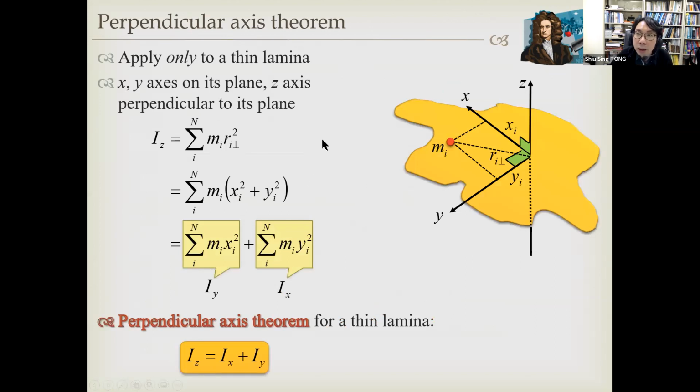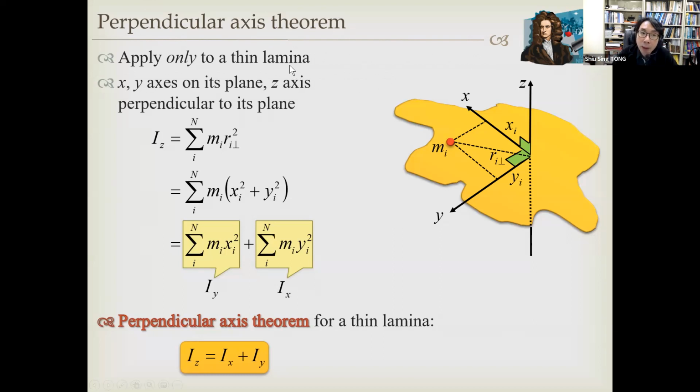Now we introduce another important theorem in moment of inertia, and that's called the perpendicular axis theorem. Now the perpendicular axis theorem does not apply to a three-dimensional object. It only applies to a lamina. What I call a lamina is an object which is two-dimensional. Essentially, the object is so thin that we can neglect its thickness compared with the size of the object, and that's called a lamina.